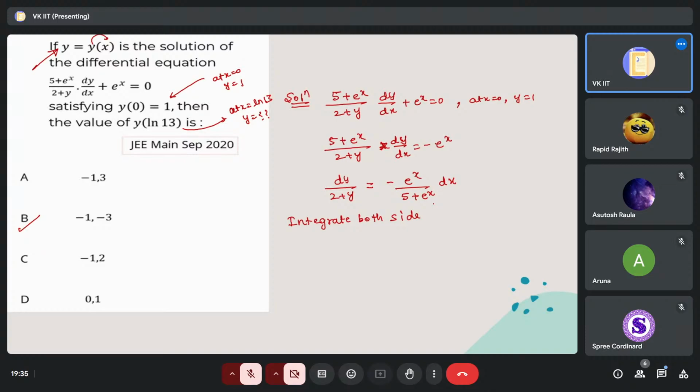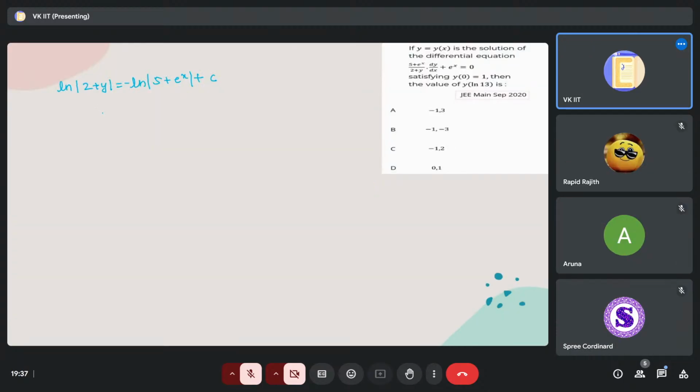So the equation is ln of mod 2 plus y is equal to minus ln of, in the bracket, mod 5 plus e to the power x, plus c. Now take the ln on the left side. ln of mod 2 plus y plus ln of mod 5 plus e to the power x is equal to c.